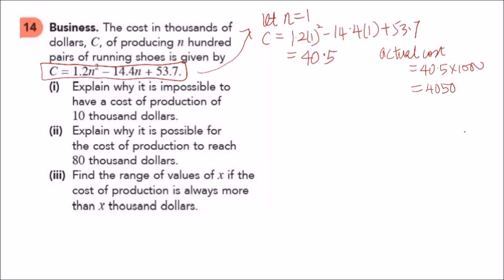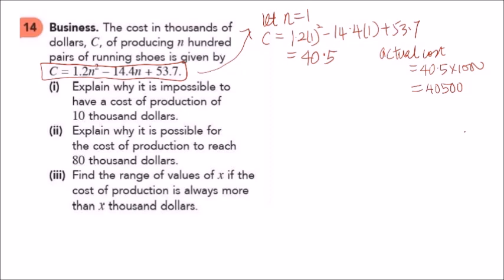That gives you 40,500. So the actual cost is $40,500 to produce 100 pairs of shoes.